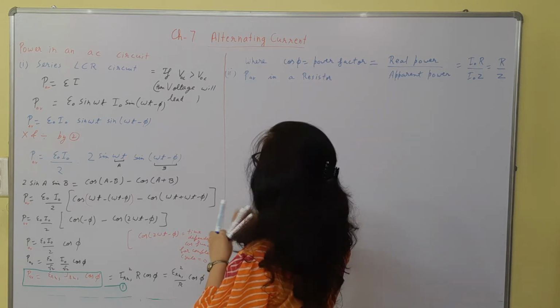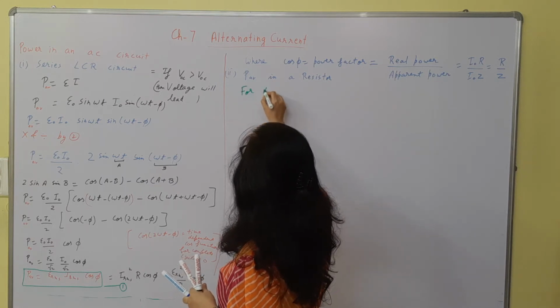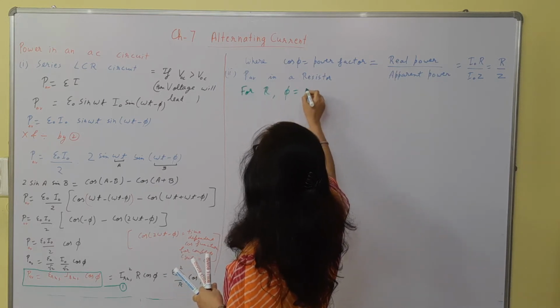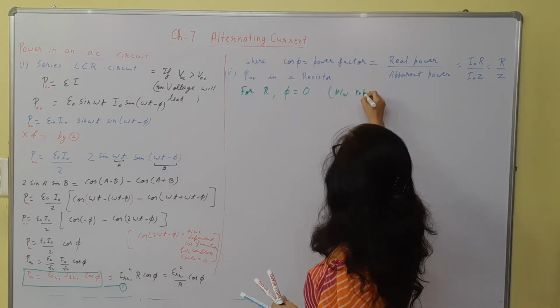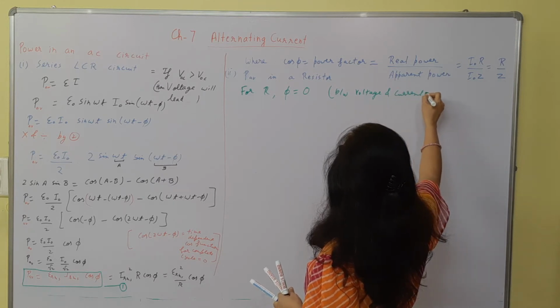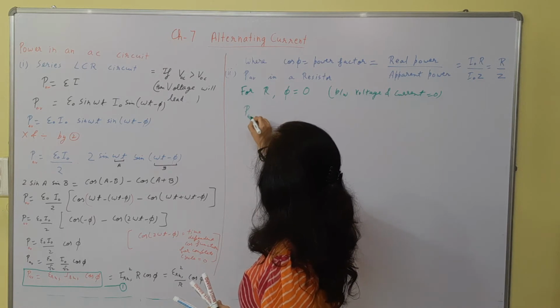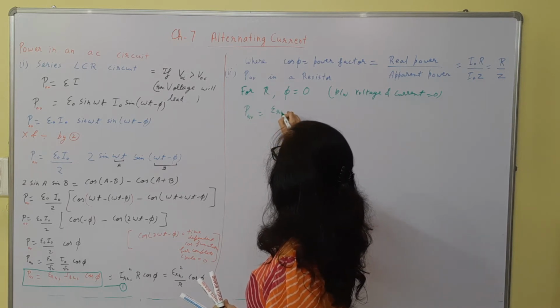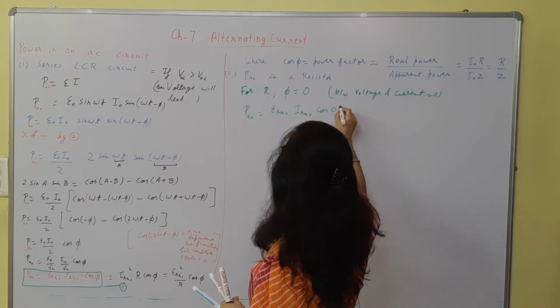For a resistor, the phase difference between the voltage and current is 0, so your average power formula will be E RMS I RMS cos of 0 degree.